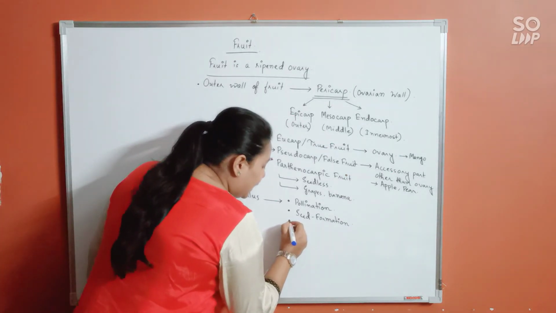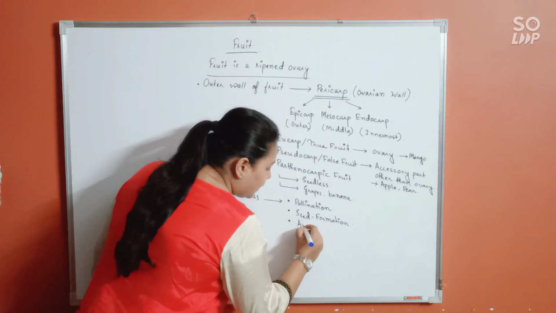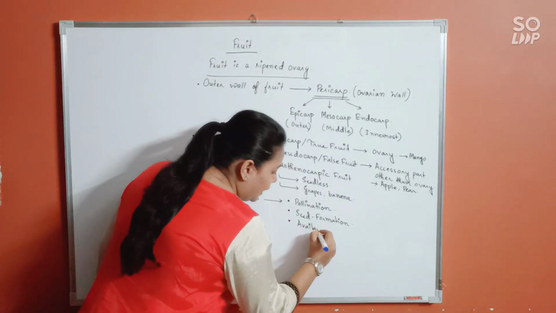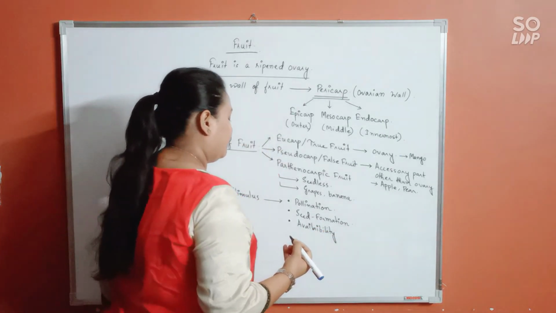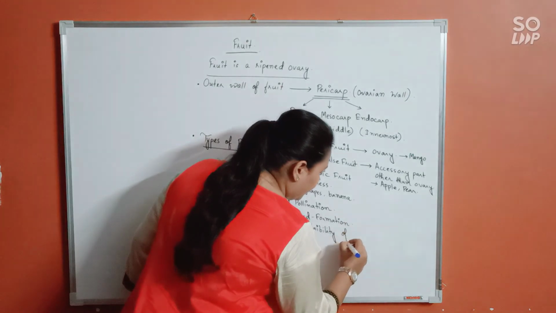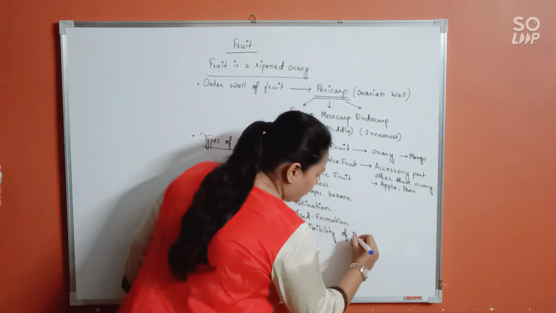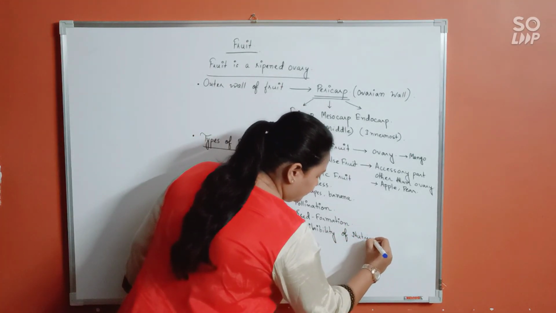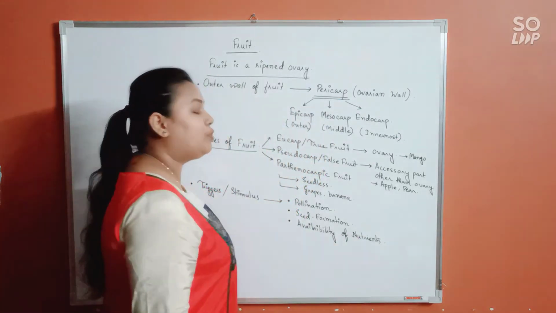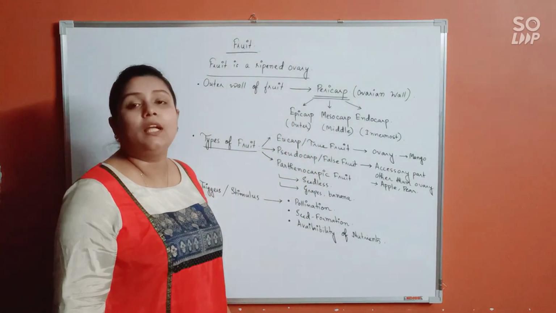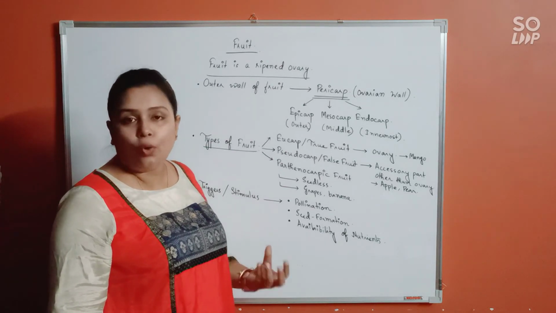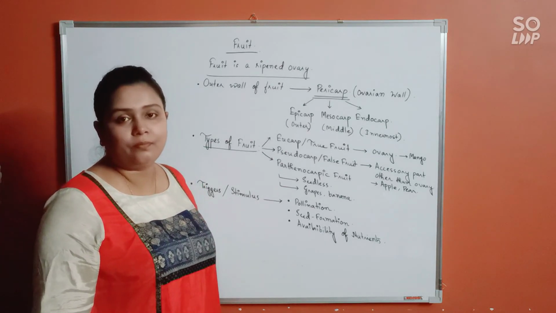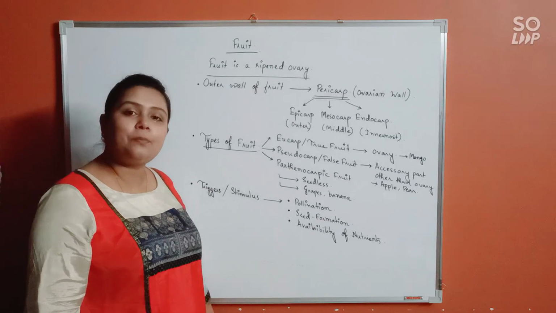And finally is the availability of nutrients. Availability of nutrients is a very, very important third trigger that will finally convert the ovary into a fruit. Alright. So this much for the last part.